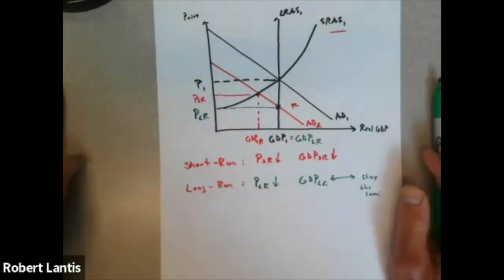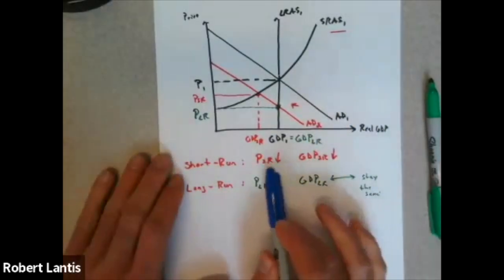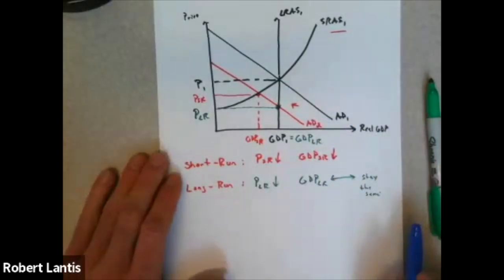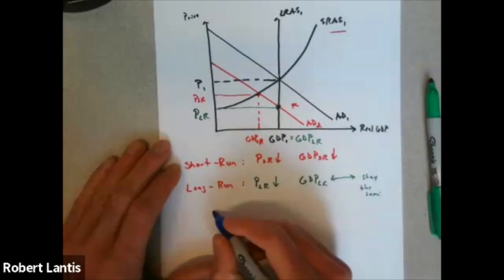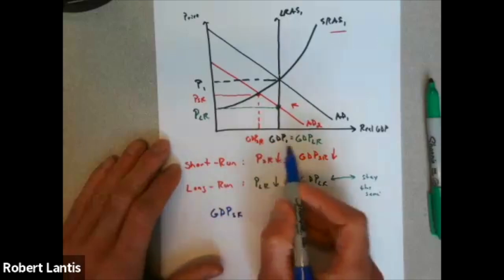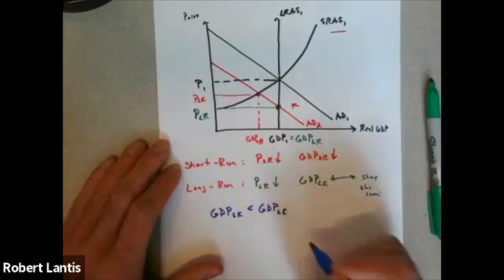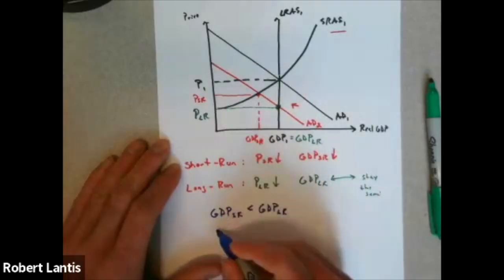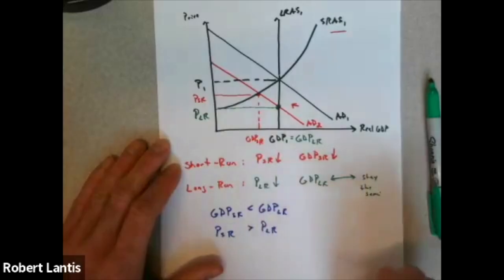Right? So if we think about what's happening here, the question to 12 was, do I have an inflationary or deflationary gap? But I could ask you about what's happening to short run prices or GDP, what's happening to long run prices. So here, I know that my short run GDP is less than my long run GDP, and my short run price is greater than my long run price.